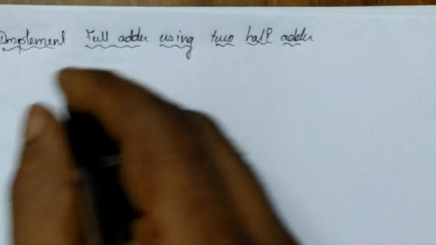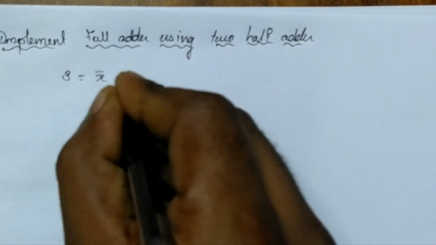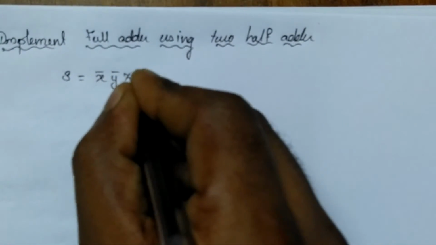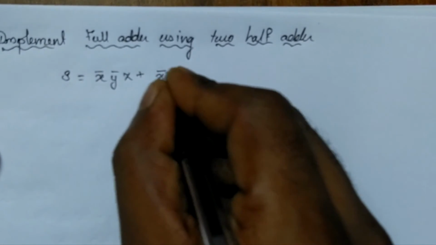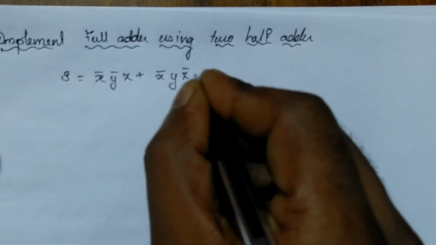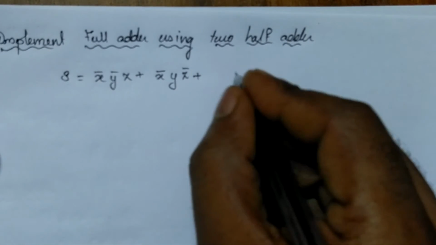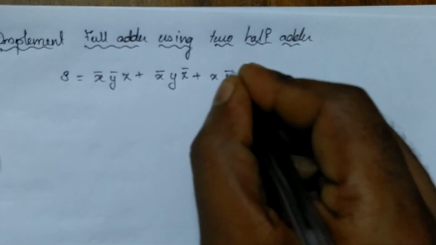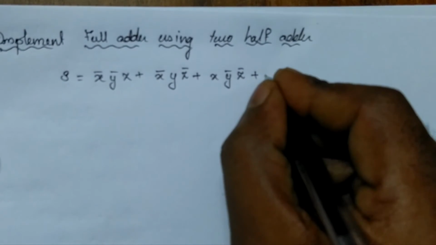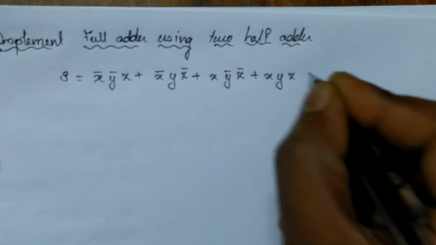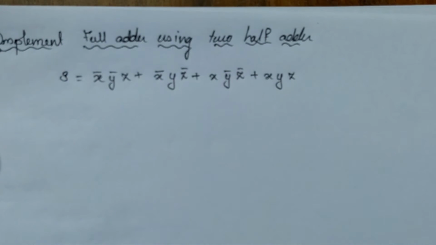Here first one is x bar y bar z plus second one x bar y z bar plus third one x y bar z bar plus x y z. Okay, so we are getting this sum of product expression from the truth table.